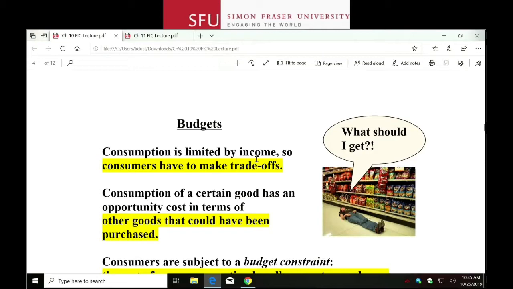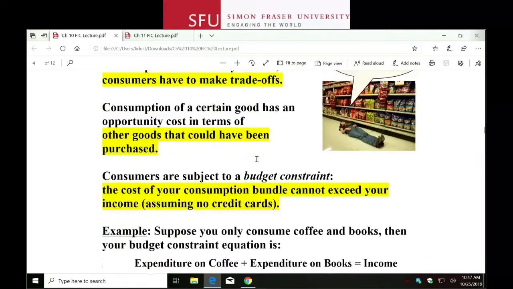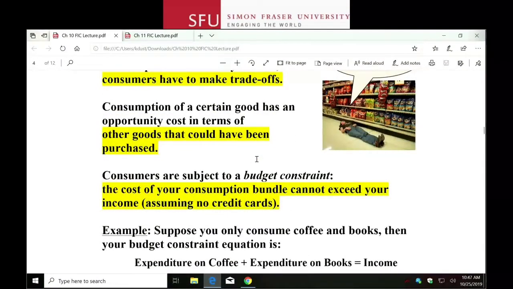Okay, so budget constraint. The cost of your bundle cannot exceed your income.